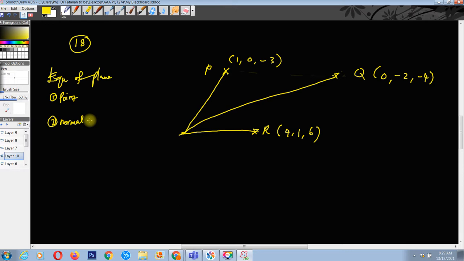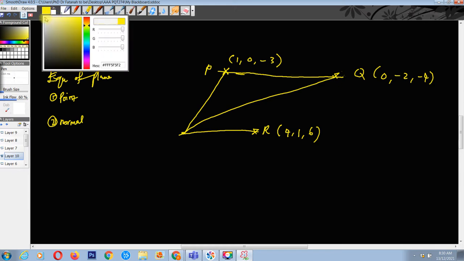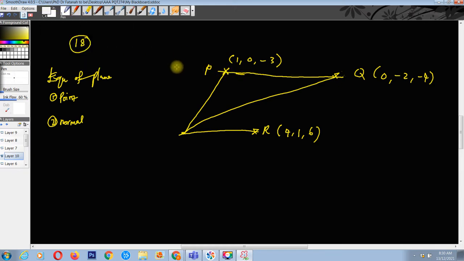So now if we choose this plane P and Q, so what will we have? Imagine P and Q in one plane, but R is maybe in another plane.